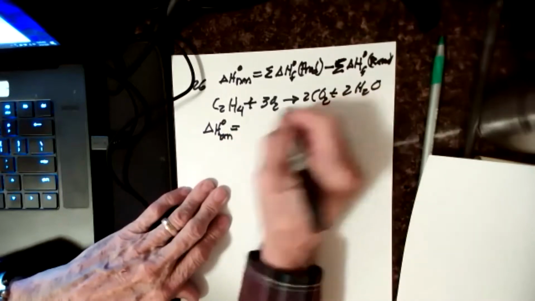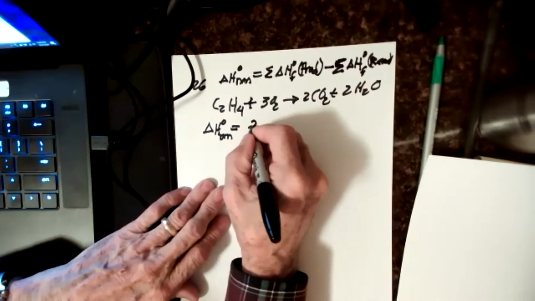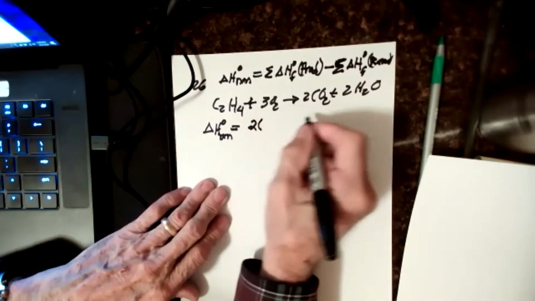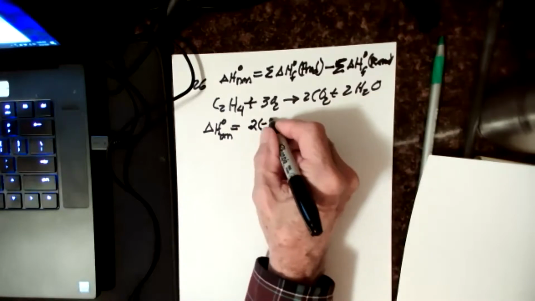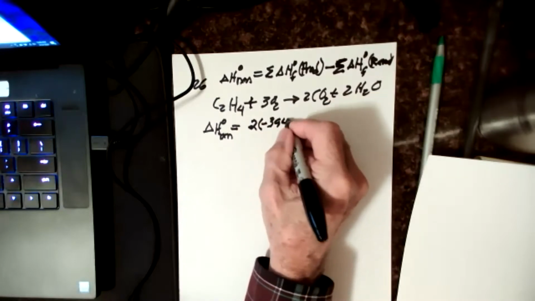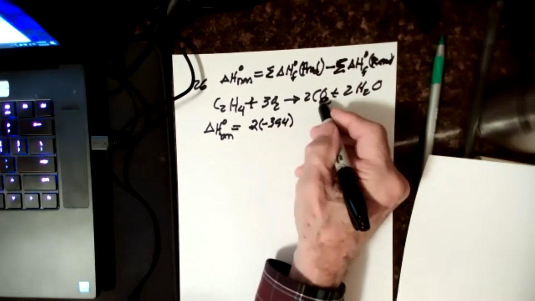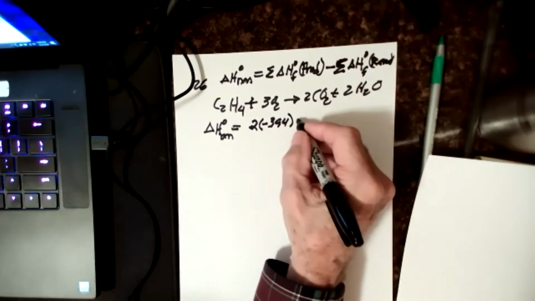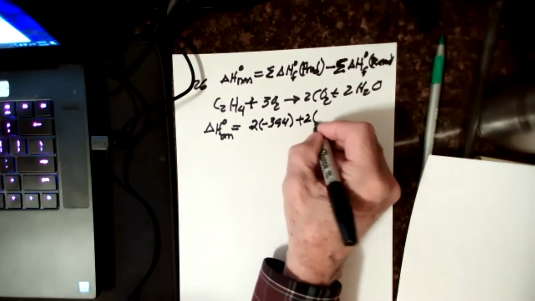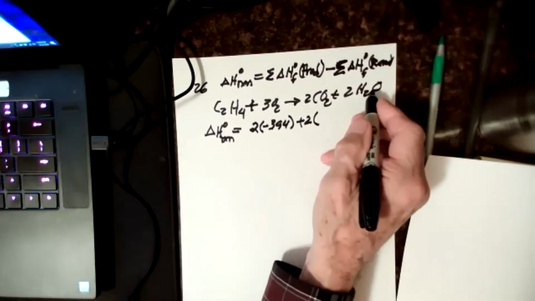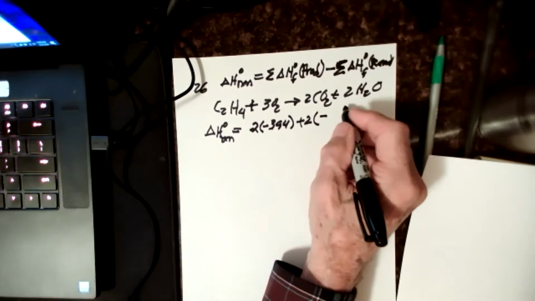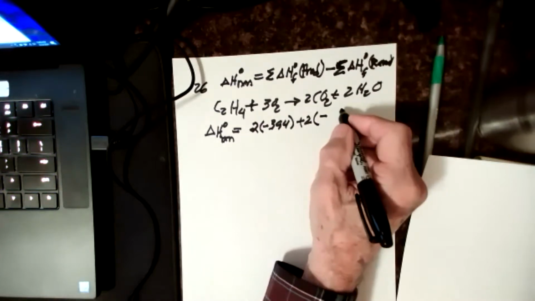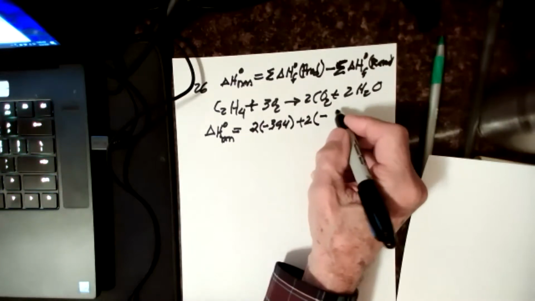I've got 2 moles of CO2. So it's 2 times the CO2 value. I'm looking on the table. It's minus 394 is the heat of formation of CO2. I've got 2 waters plus 2. The water values on the table, it is liquid water, and the table only has the liquid present, so I'm okay.